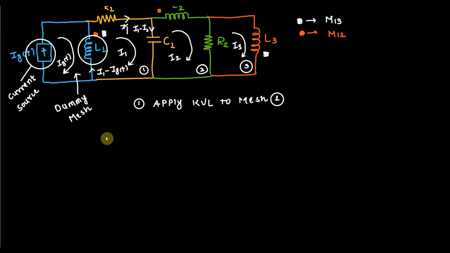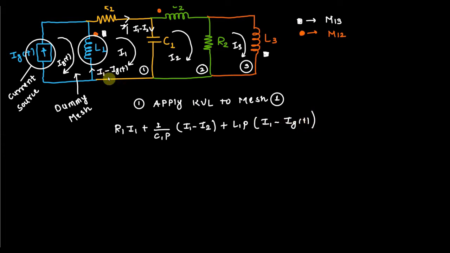Now we simply write down the first one. It is R1 I1 plus 1 upon C1P into (I1 minus I2), we have seen why we are writing 1 upon C1P, plus L1P into (I1 minus Ig of t).